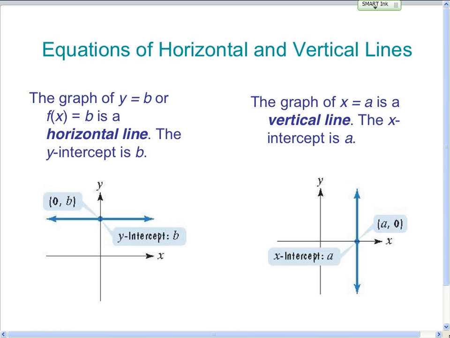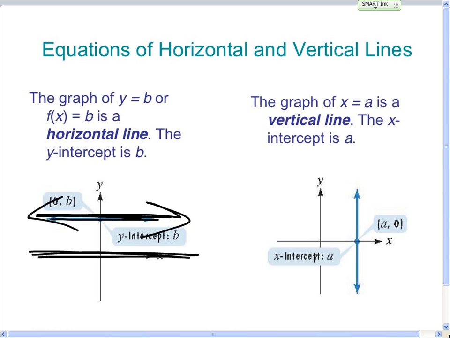All right, graphing horizontal and vertical lines. It took me a while to figure out why students get this wrong, and they get it wrong every single time. I believe the reason is because they see this line going like this, and they say, aha, the x-axis goes like this, therefore it must be x equals some number, like 5.